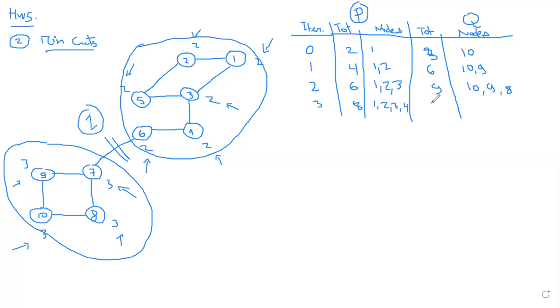It's quite close still. Now I'll add node 7, I'll get to 12. And the fourth iteration gives me a total weight of 10.